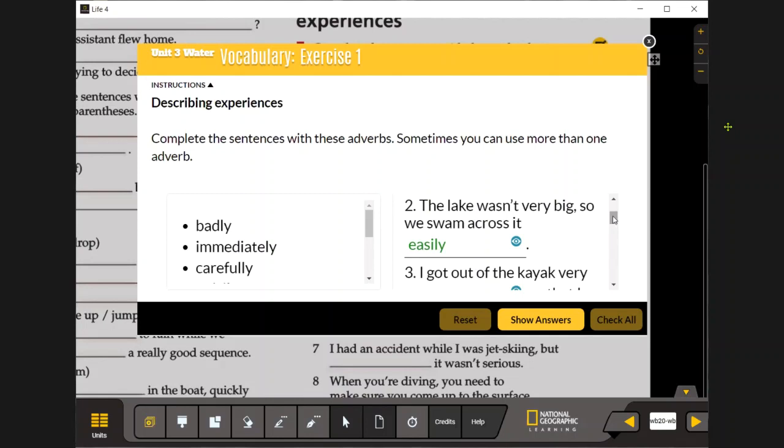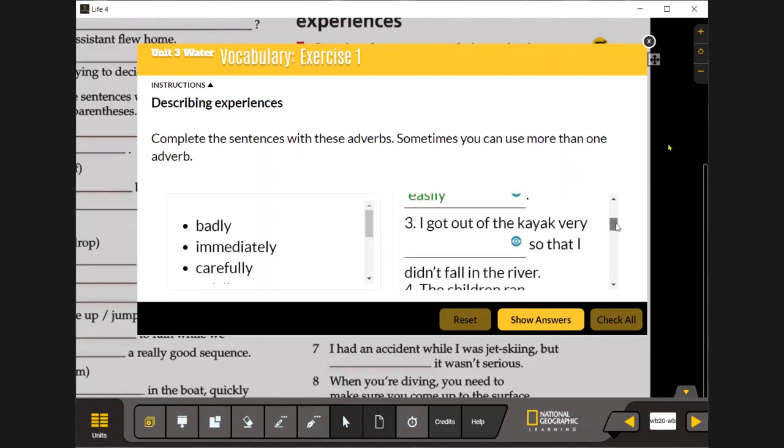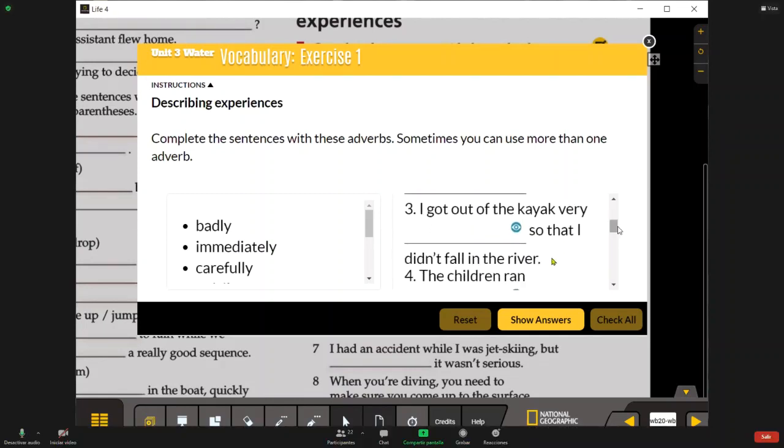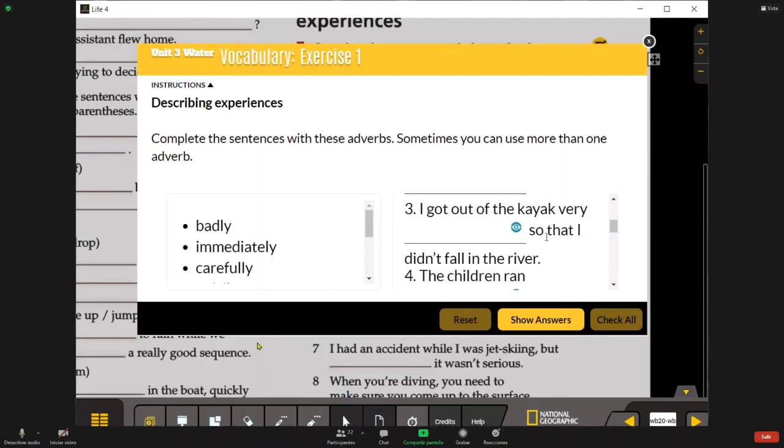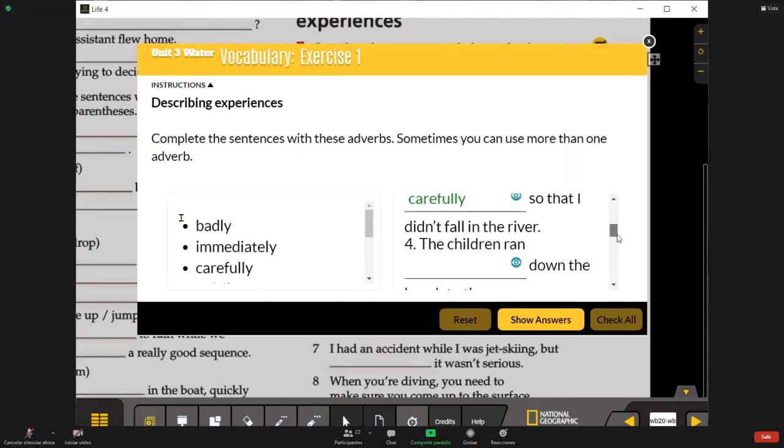Ok, sí está bien. Ok, 3. I got out of the kayak very carefully so that I didn't fall in the river. Ok. Y si no tuviéramos carefully, pues también podría ser immediately, probably. But yes, it's carefully.